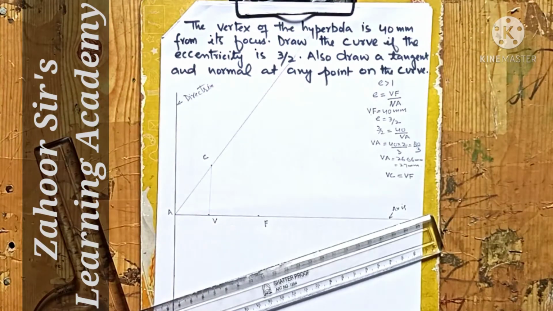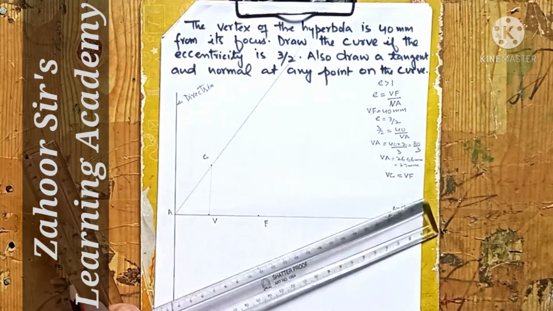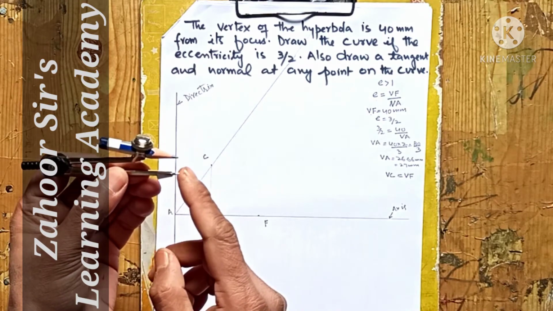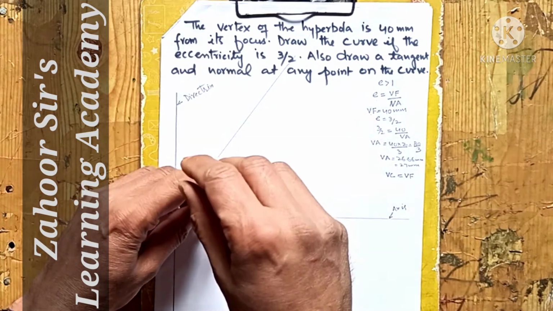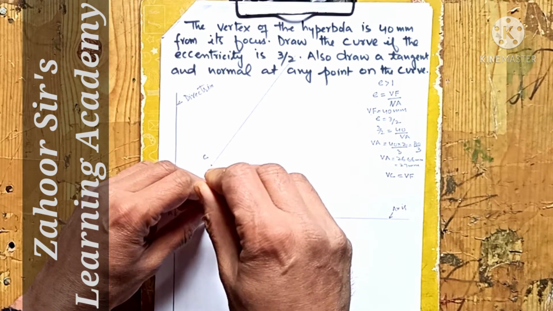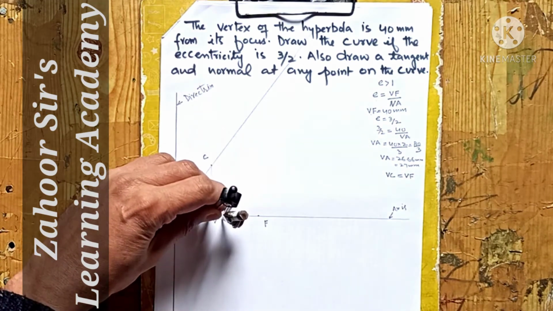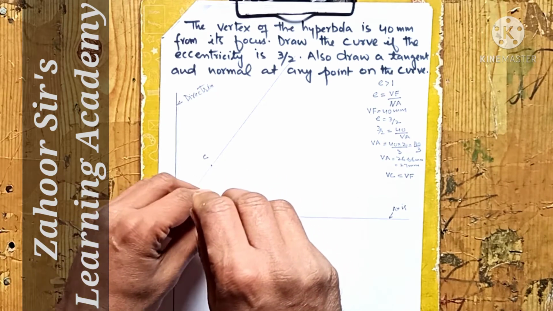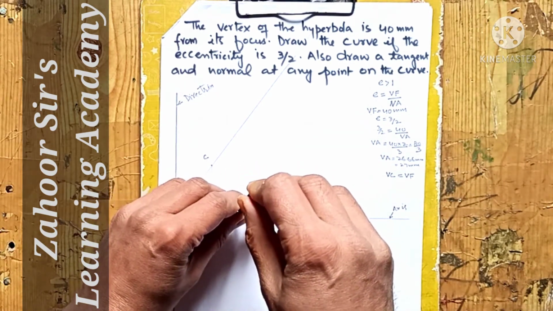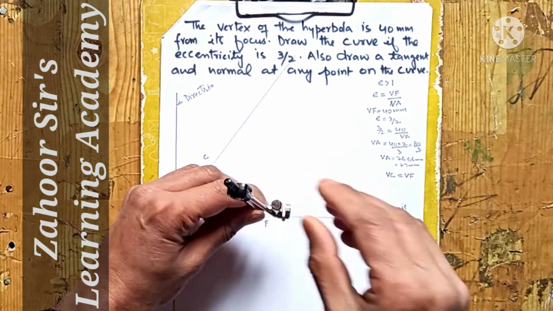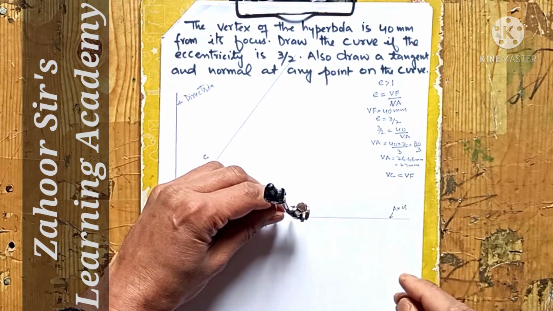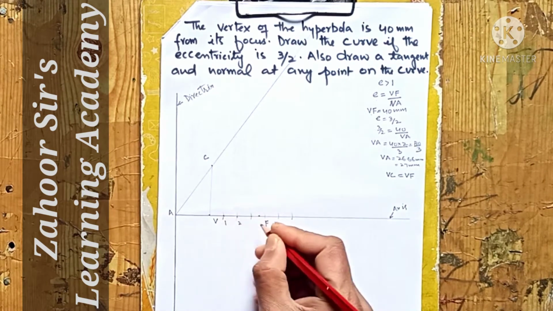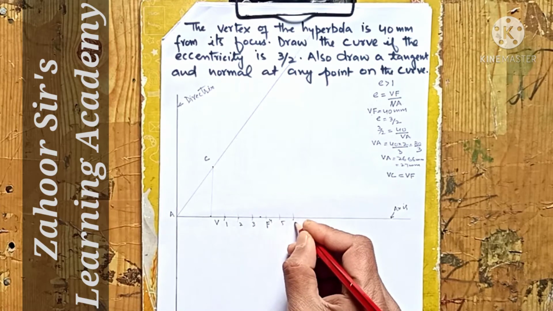After drawing this line, I take the compass, keeping it open as much as you wish, and cut different points on the axis at equal distances, first keeping the compass at V. Now I can name these points 1, 2, 3, 4, 5, 6.